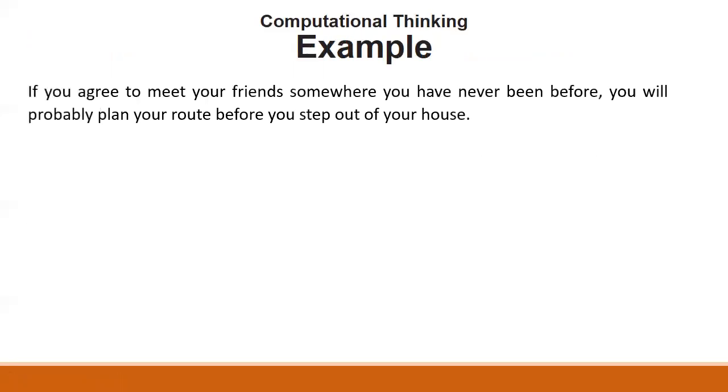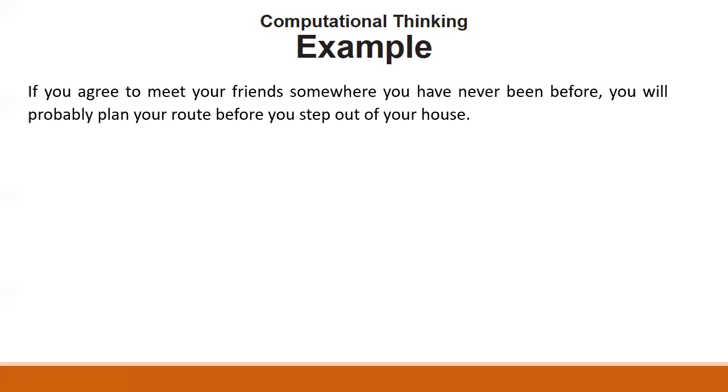So let's have a look at an example. Say you decide that you want to meet with your friends at a particular place. Then you have some decisions to make about how you go about that, right? You could just go onto Google Maps, or Waze, or whatever mapping tool you've got. And you could just say, get me the fastest way there, get me the shortest way there, get me the one that uses the least amount of gasoline, get me the one that doesn't go over any speed bumps, get me whatever is important to you in how you solve that particular problem.